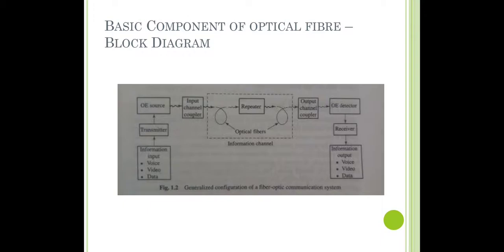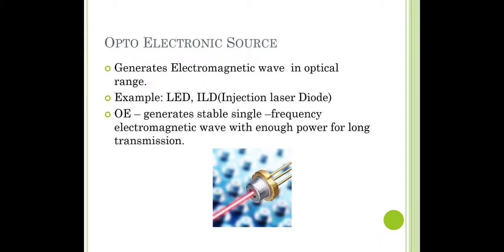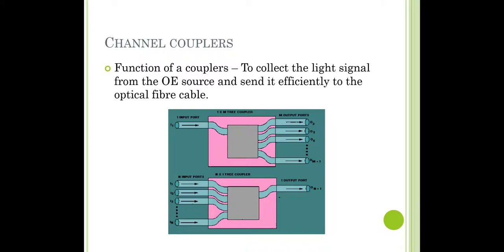That source provides an electromagnetic wave in the range of optical frequencies, and it also has enough power to transfer the information along the OFC cable. And the purpose of the input channel coupler is that it provides an efficient platform to transfer the signal via optical fiber.